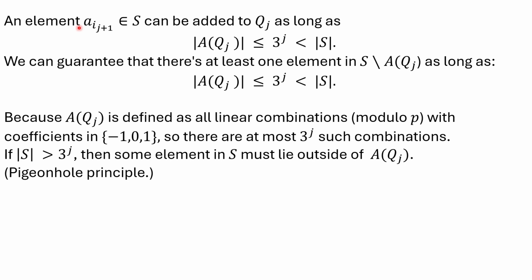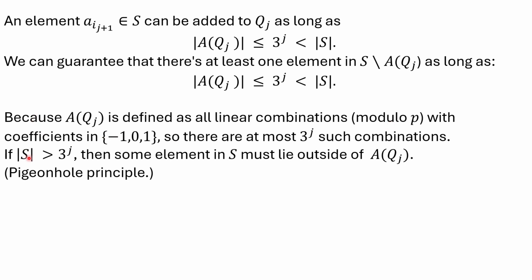A new element can be added to Qj as long as this equation right here happens. We can guarantee that there's at least one element as long as this happens right here. Why? Because AQj is defined as all linear combinations modulo P with coefficients in minus 1, 0, and 1. So there are at most 3 to the j such combinations.